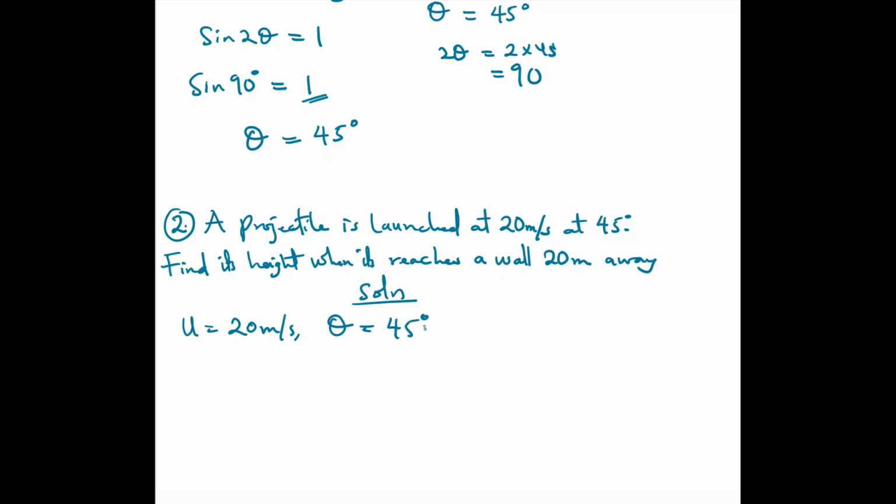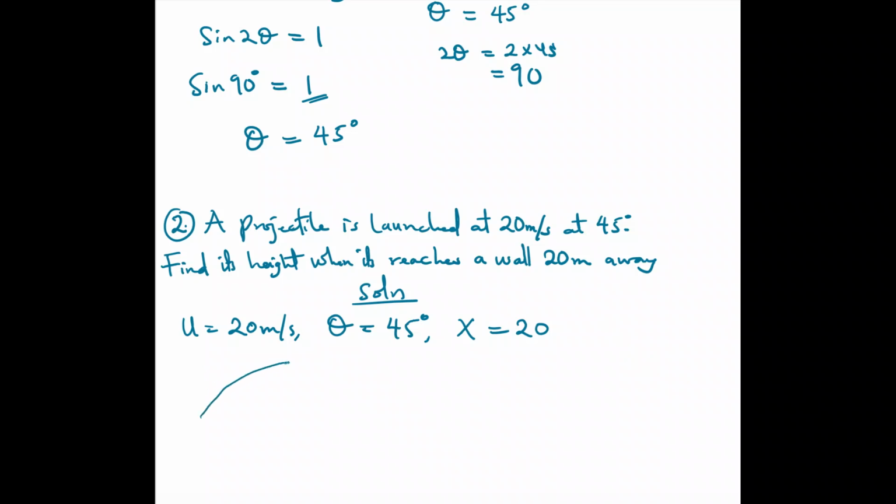We are given angle theta to be 45 degrees, and we are given 20 meters to be the distance, right? So x will be equal to 20. This is the horizontal distance, since it is from the wall, okay?